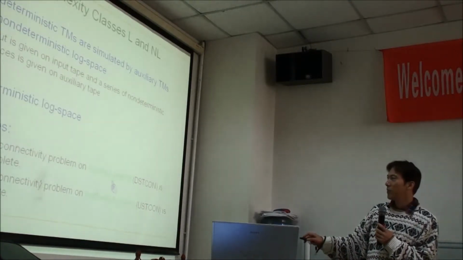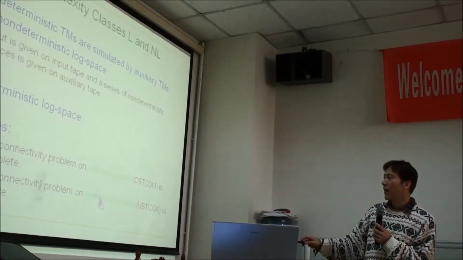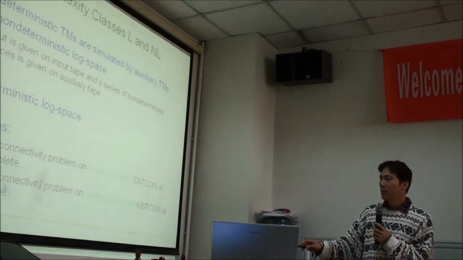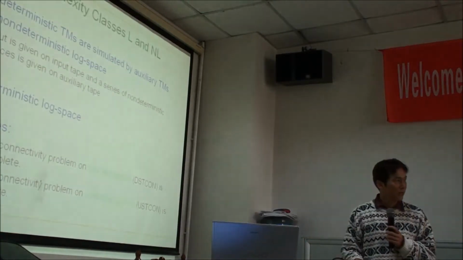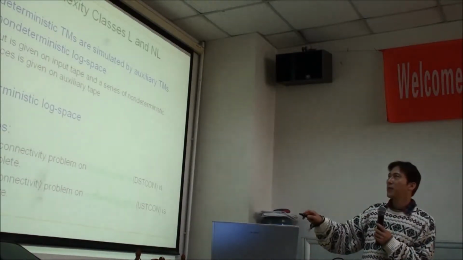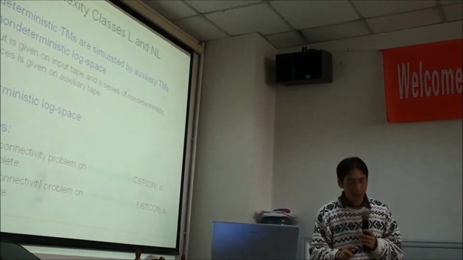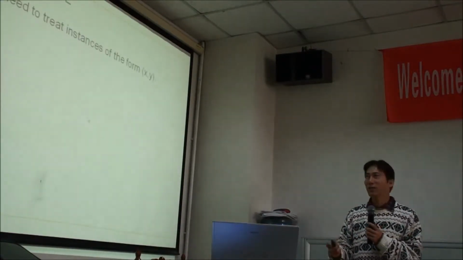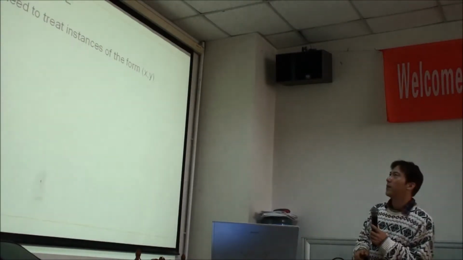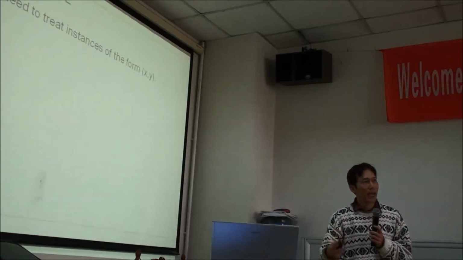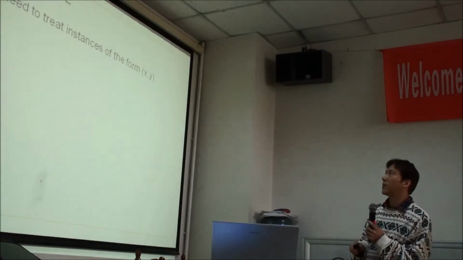And if you switch from the directed graph to an undirected graph, the same problem becomes L complete. So the difference between non-determinism and determinism is very small compared to the polynomial time setting. You have to pay more attention to what we are doing whenever we go down to logarithmic space computation.